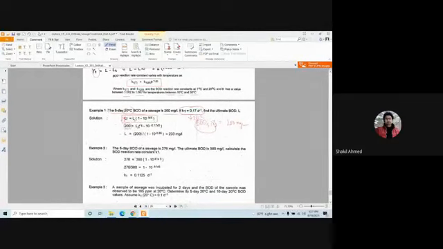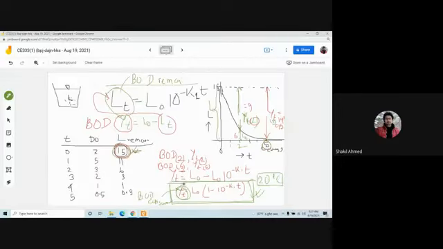This is L0. 1 minus 10 to the power minus K1. What is the K1 value? 0.17 is given. And this is a 5-day BOD test. So what will be the value of T, guys? 5 days. If this is Y2, then T is 2.